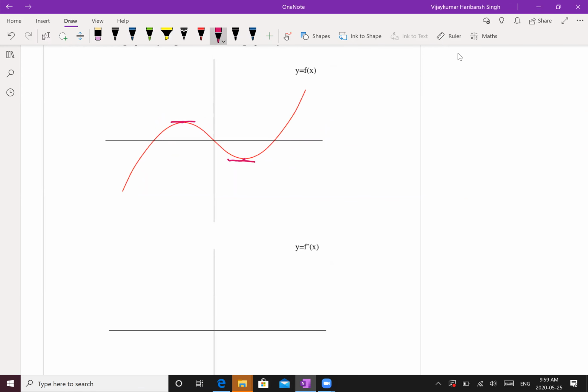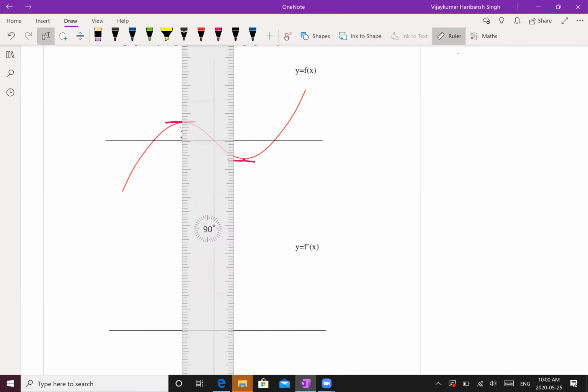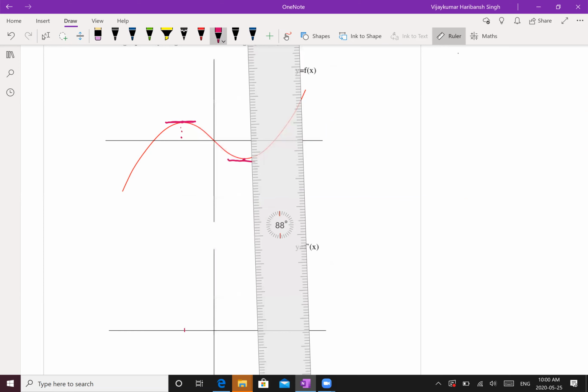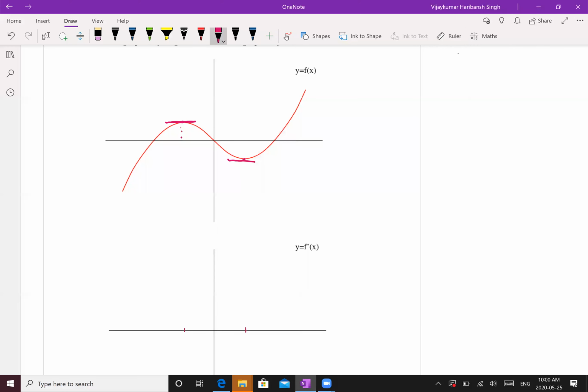And at this point, the derivative is going to be 0 because the tangent lines are horizontal. That means the slope of the tangent line is 0. So at these points, it's going to be 0. Okay. Now, before this point, the function is increasing, right? So the function is increasing, the derivative is positive. We already saw that.